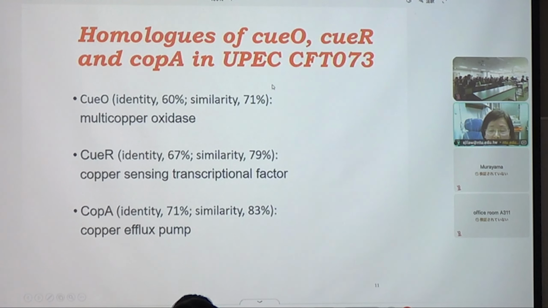We compared the amino acid sequences of QO, QR, and copA of Proteus mirabilis to the counterparts of UPEC, and they all show high similarity to those of UPEC. You can see here the over 70% similarity.